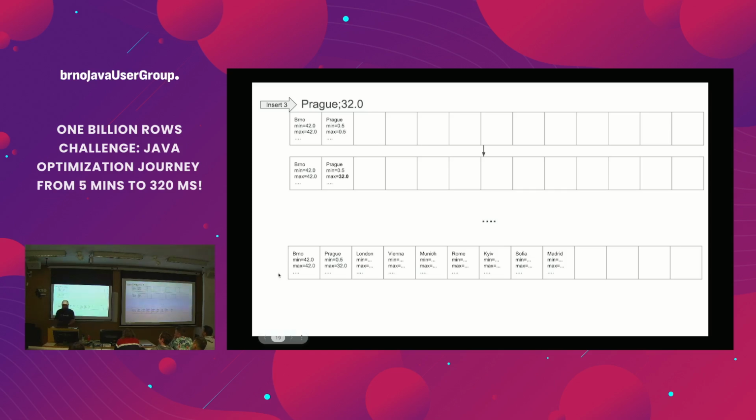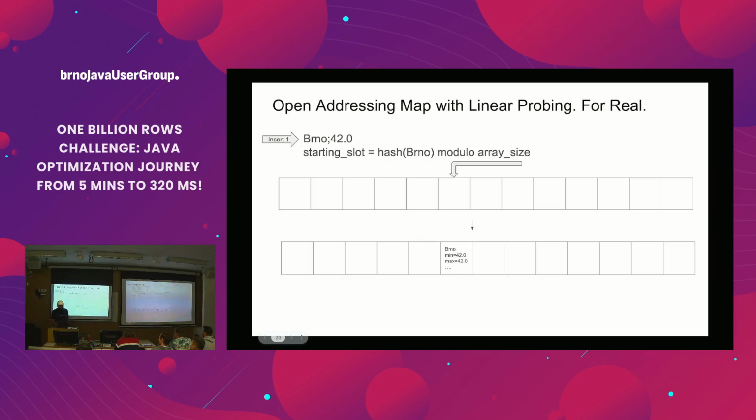So the disadvantage is that we are always starting from the first element, and then we are seeking. One way to address this, and this time it is the open addressing map with linear probing for real, is instead of always starting from element 0, we calculate the starting slot by hashing the name of the city. For the sake of simplicity, let's assume that the output of the hashing function is a positive number, not negative.